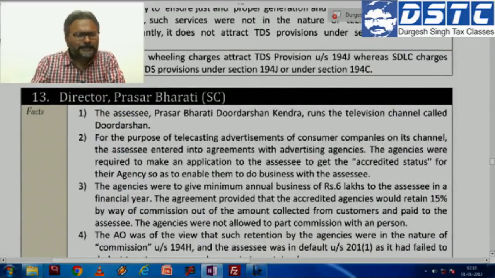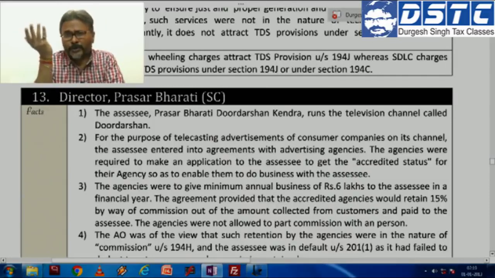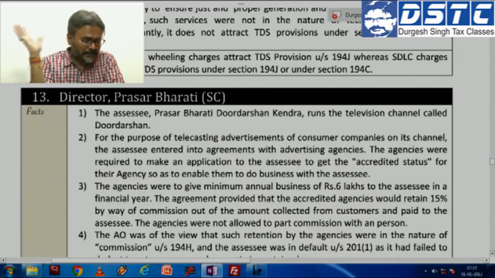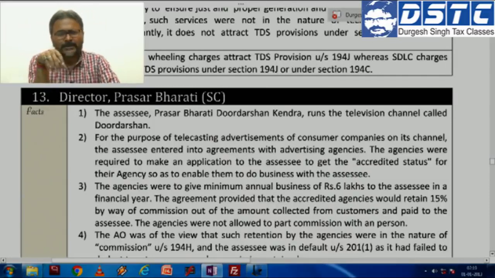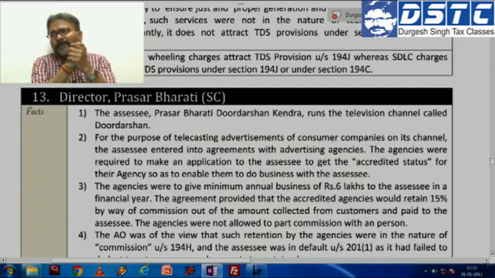See here, before we can proceed on this one, there was another CBDT circular also in the past, which was based on some case law of Jagran Prakashan Limited. I don't know how many of you are aware of that CBDT circular. Nevertheless, students, in this industry, for example the newspaper advertisement, what happens?